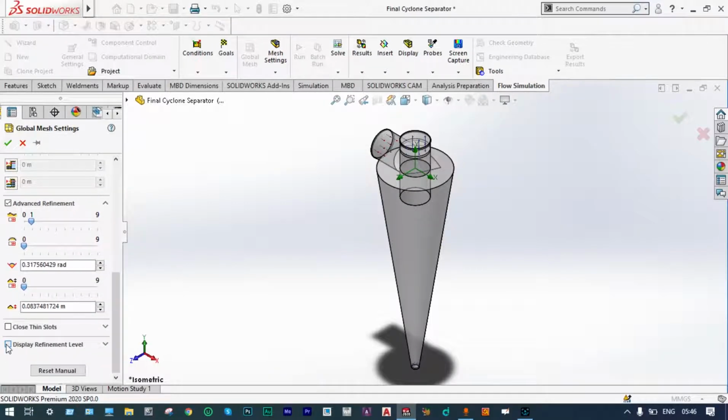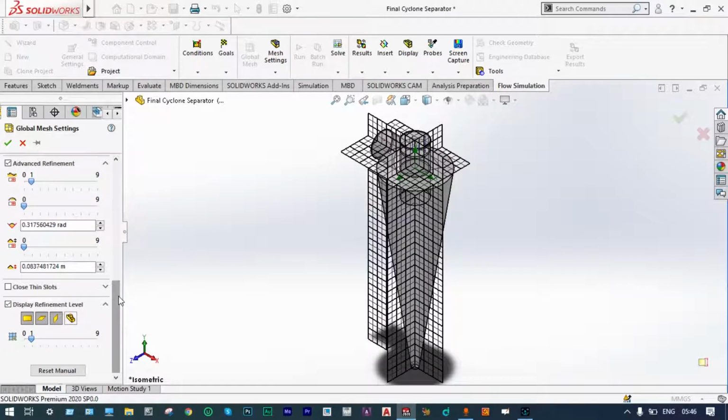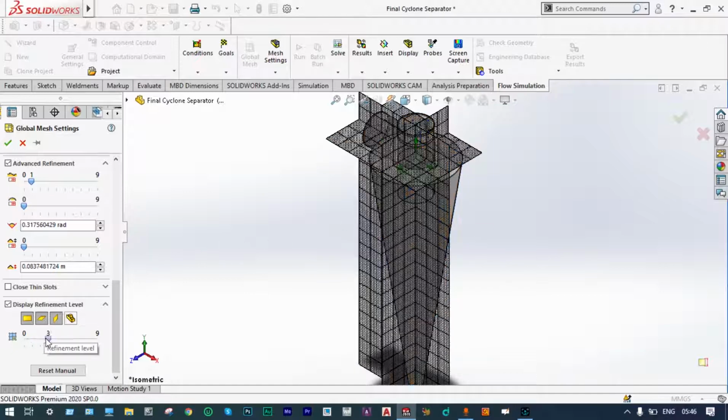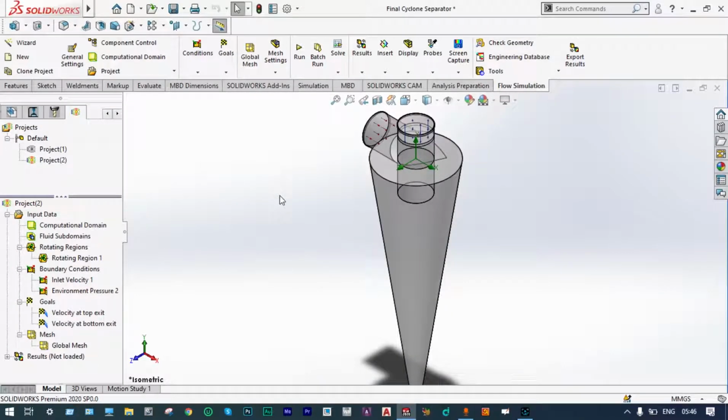Display refinement level. You can see here the refinement level is only 1. So the mesh we have to modify. Let us modify up to 3 level of refinement. Green check. Done. Now we can run this.